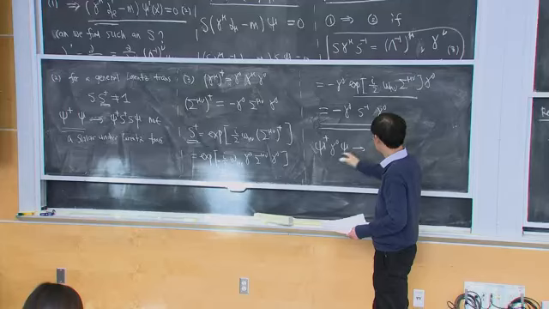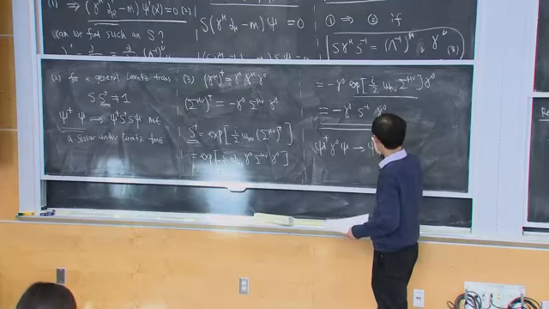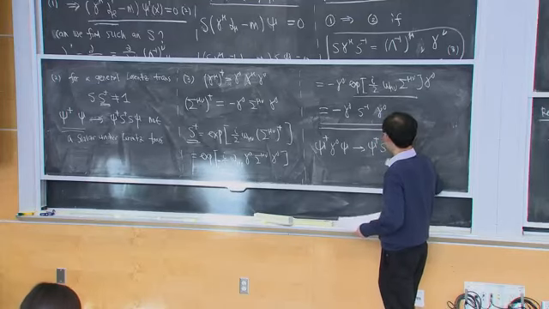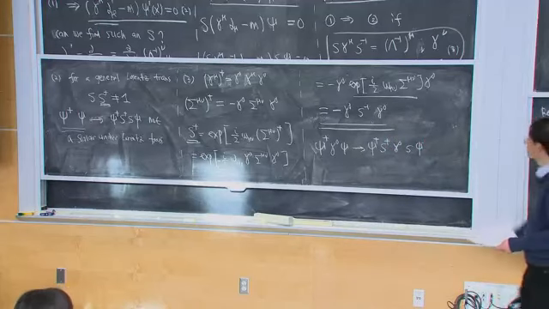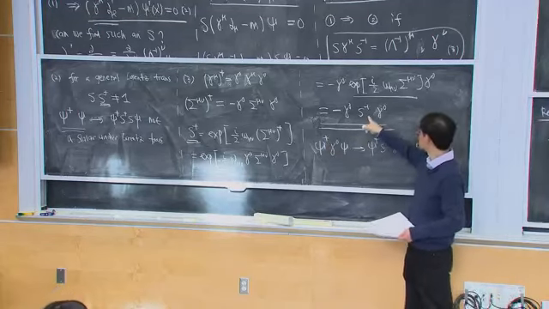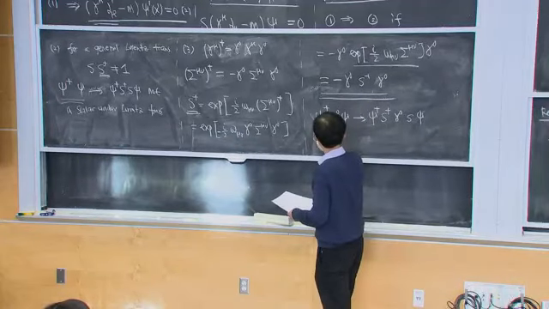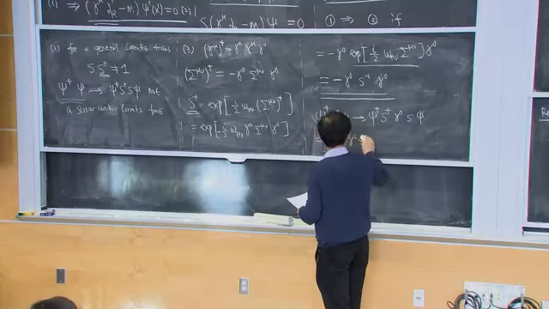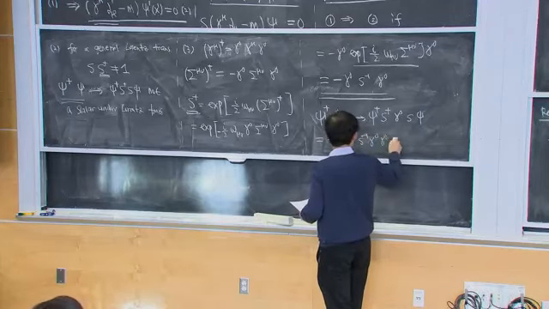When you do a transformation, this gives you psi dagger S dagger, then you have gamma 0, then you have S psi under the Lorentz transformation. Now plugging S dagger equal to this into here, you just get minus psi dagger gamma 0 S minus 1 gamma 0, then gamma 0 S psi.